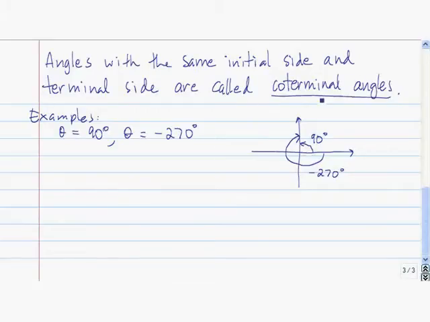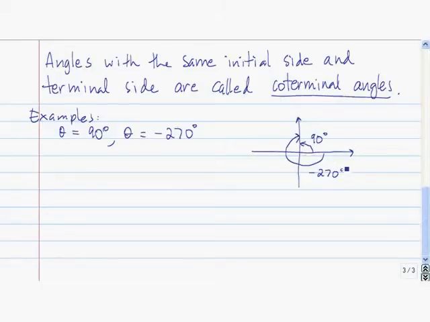Angles with the same initial side and terminal side are called coterminal angles. An example of two coterminal angles are 90 degrees and negative 270 degrees. 90 degrees is this angle right here. We start at the positive x-axis and rotate to the positive y-axis. So this is the initial side of the 90-degree angle, and this is its terminal side.